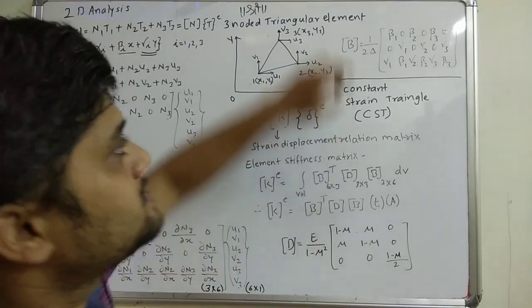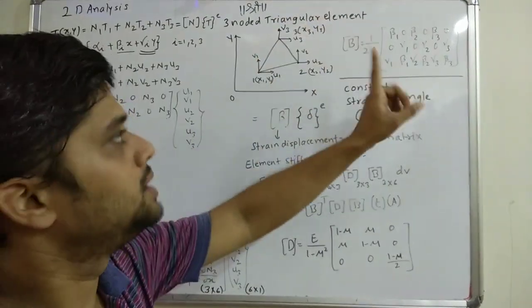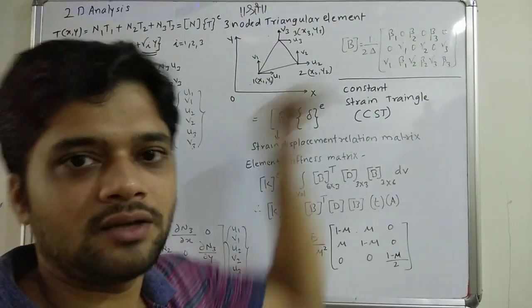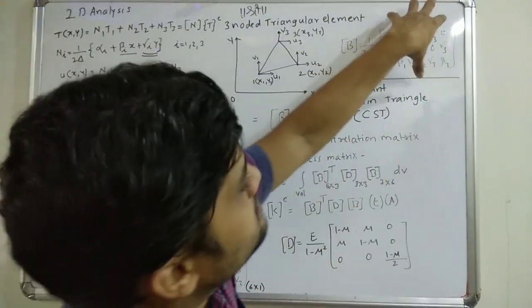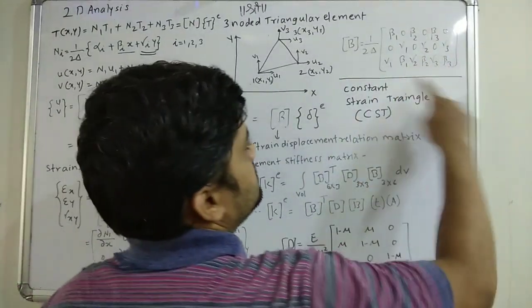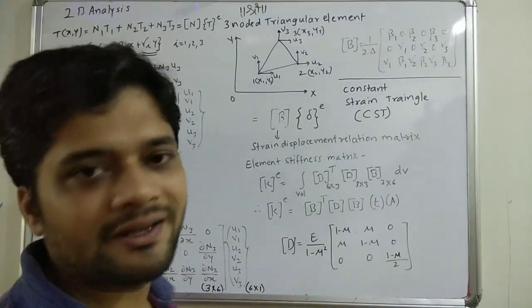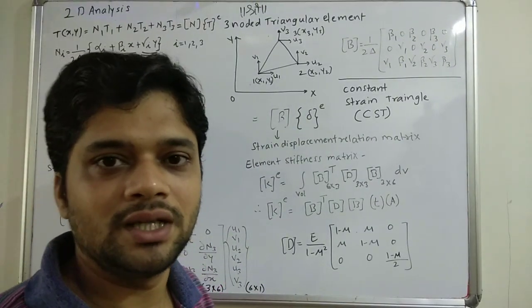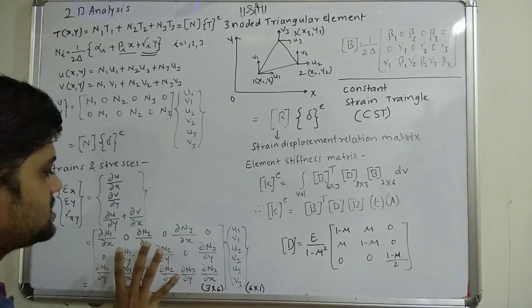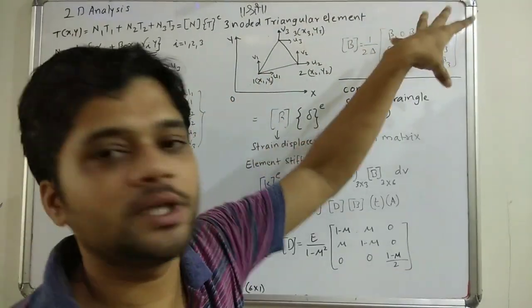Now why is it called CST? Because if you observe the strain displacement relation matrix, which basically correlates strain with displacements, it is a constant matrix which doesn't have any variable in it. When I partially differentiate all its shape functions, I eventually get direct values of betas and gammas.